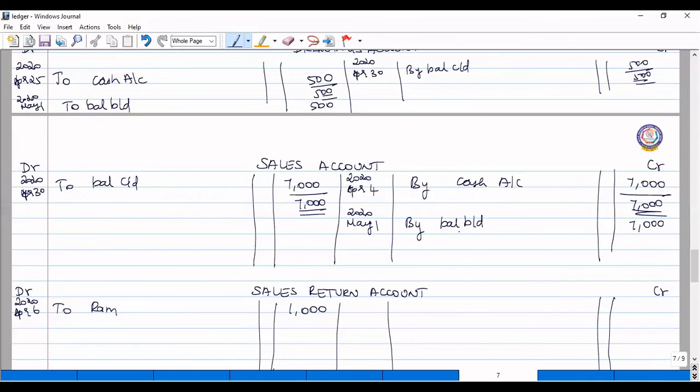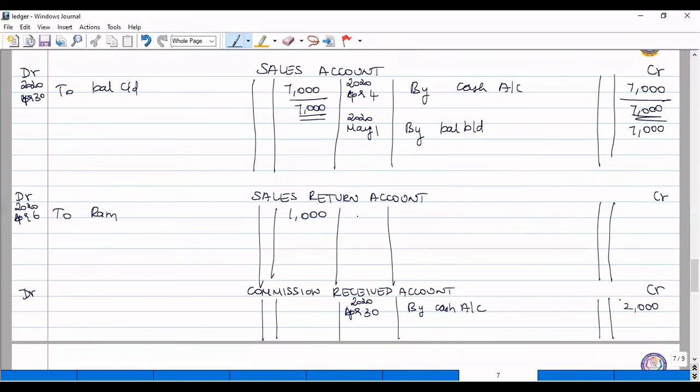Right? Sales return, Ram has returned some goods. So on April 30th, carried down balance will be 1,000. And the same way on May 1st, the balance brought down, or the opening balance for sales return, will be 1,000.